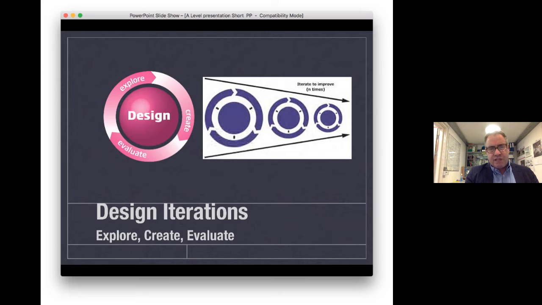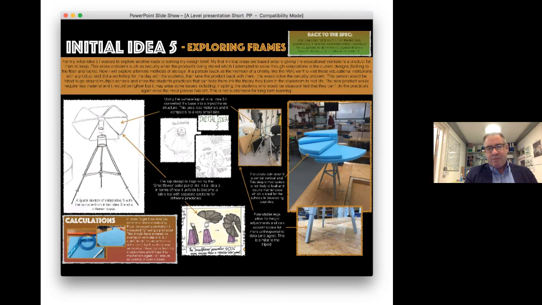Iterations, you'll know well through GCSE, we need to iterate, change and change, develop and develop designs over the course of many, many weeks to come up with something special. And modelling.